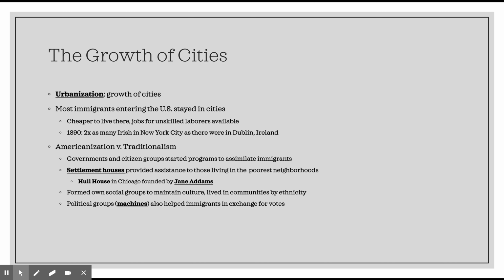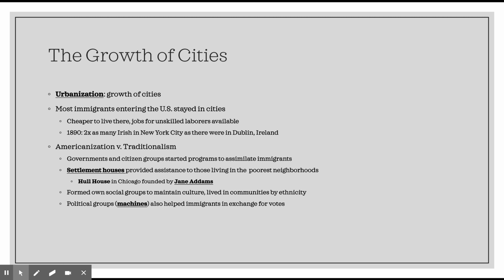So you had this kind of conflict between Americanization versus traditionalism. What this means is that governments and citizen groups wanted to start programs to assimilate immigrants, to help them blend into the United States. So you had places like settlement houses that would provide assistance in the poorest neighborhoods.